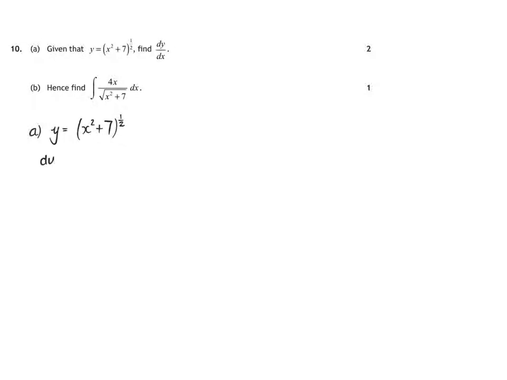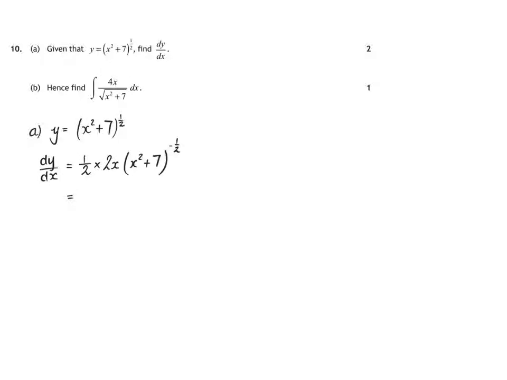So dy by dx, when we're differentiating like this, what we do is we bring down our power. We also multiply by whatever we get when we differentiate that bracket. So x squared plus 7 differentiates to give us 2x. And then we're going to have x squared plus 7, and then we reduce the power by 1, so we get negative a half.